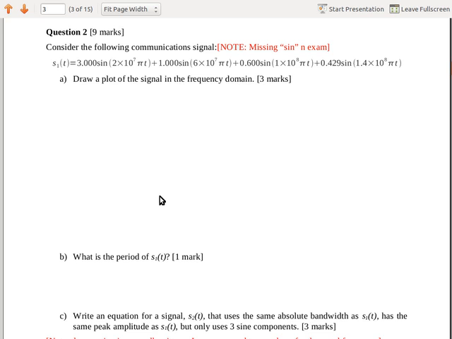Once we know the frequencies of each of the components, in our plot in the frequency domain we have impulses at each of those frequencies with the amplitude of each component. The first component had an amplitude of 3. The second component has an amplitude of 1.